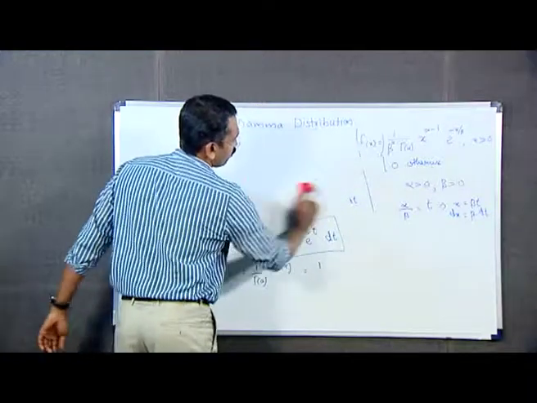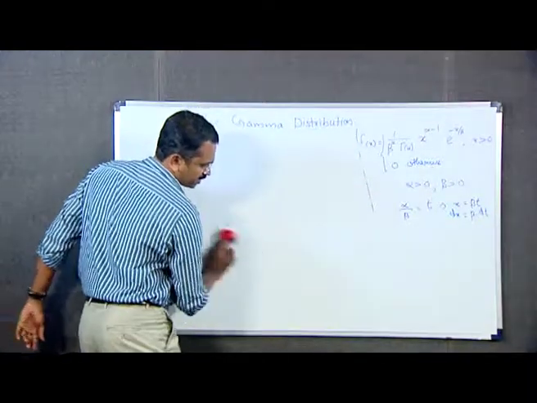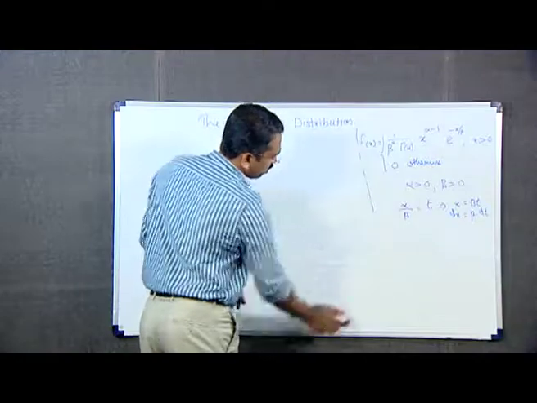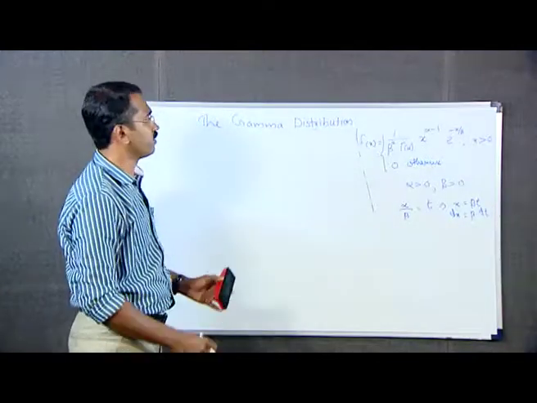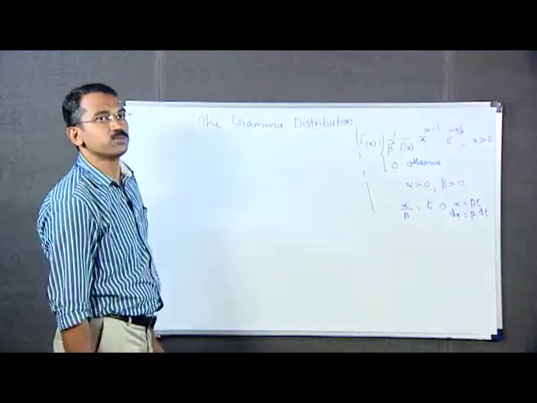Now, we have to find the expectation, or the arithmetic mean, of the gamma distribution.